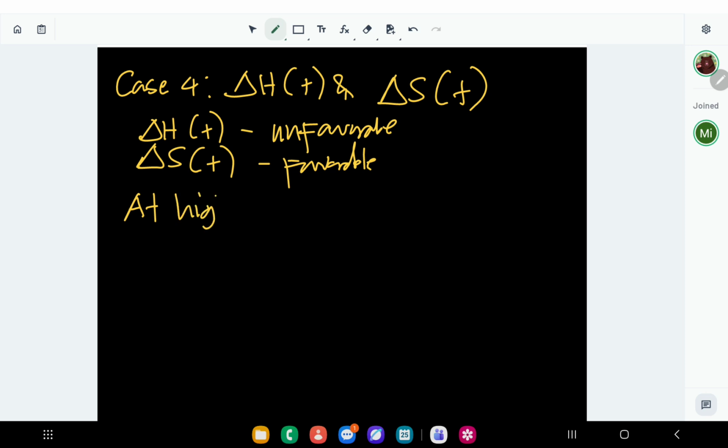So at high temperature, okay, at high temperature, you have delta H positive, and then you have high temperature, so that would become a big number.